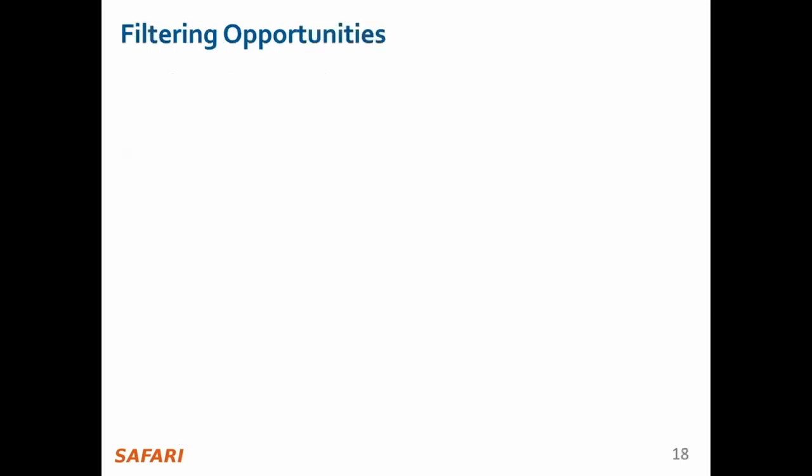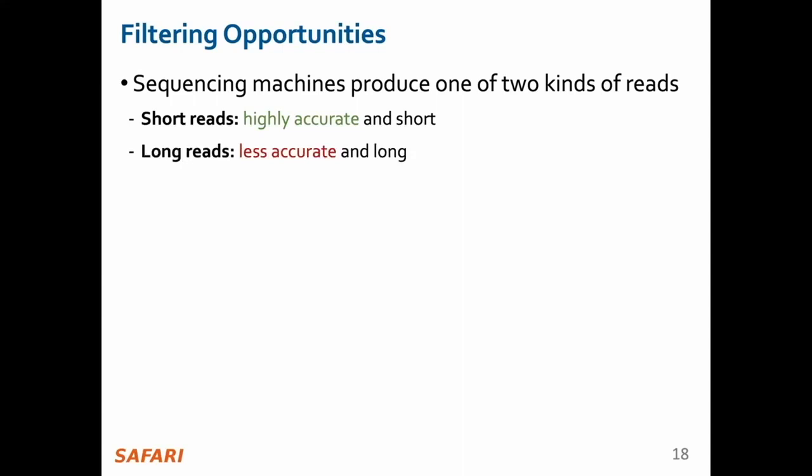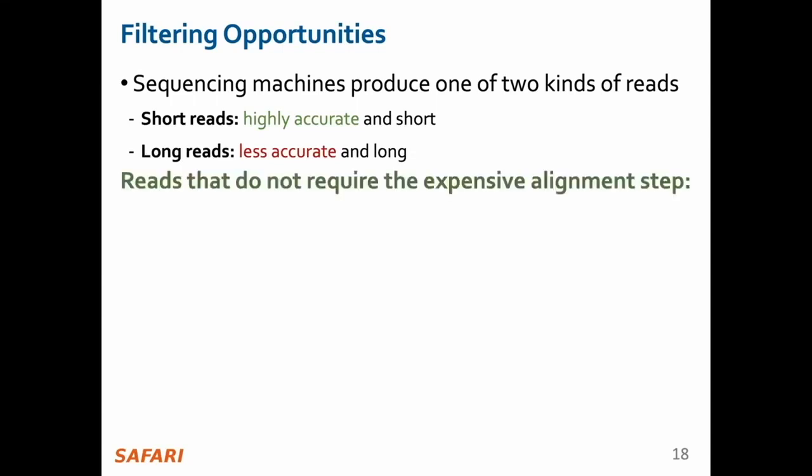So now let's take a look at filtering opportunities based on various input data sets with different properties. Sequencing machines produce one of two kinds of reads. First are short reads that are highly accurate but short, and long reads that are less accurate but long.